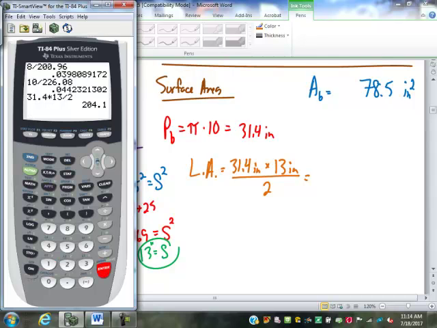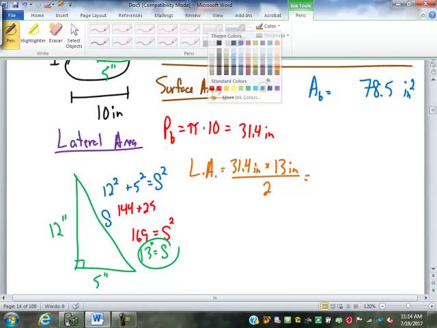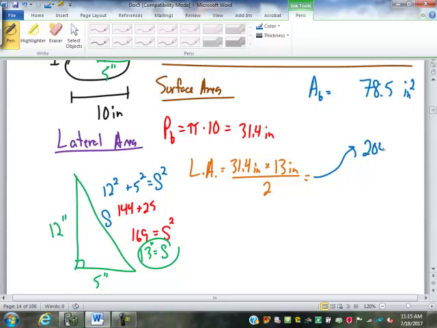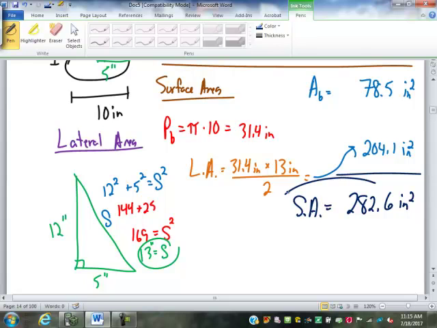So 31.4 times 13 divided by 2 is 204.1. So we add that up, that is 282.6 square inches is our total surface area.